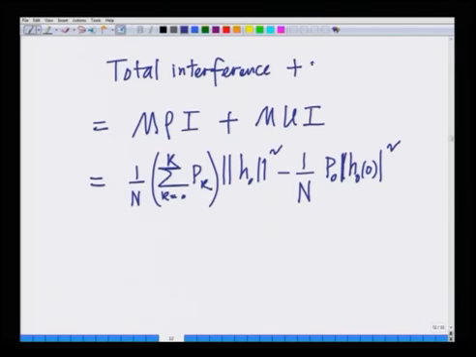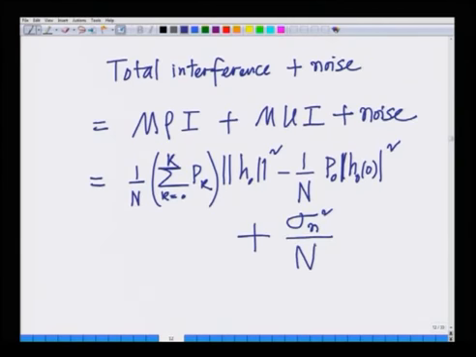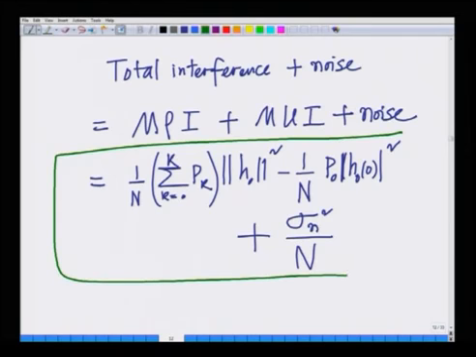If I want to look at total interference plus noise, let me also add noise: MPI plus MUI plus noise, and we know noise is sigma n square divided by n. Hence, this is the total interference power.